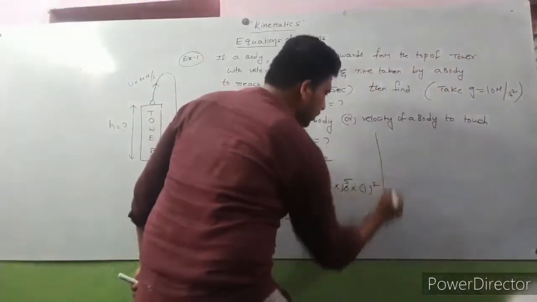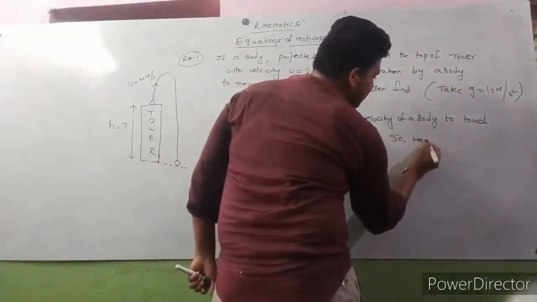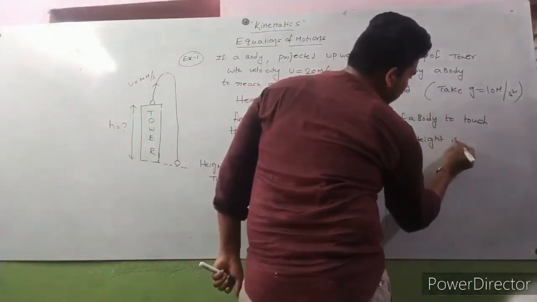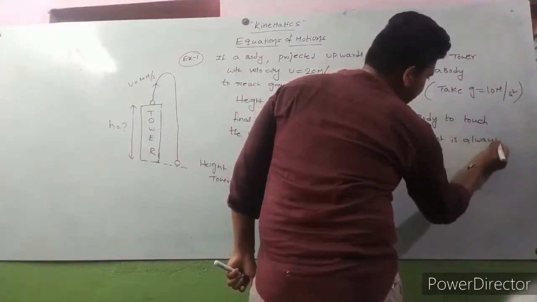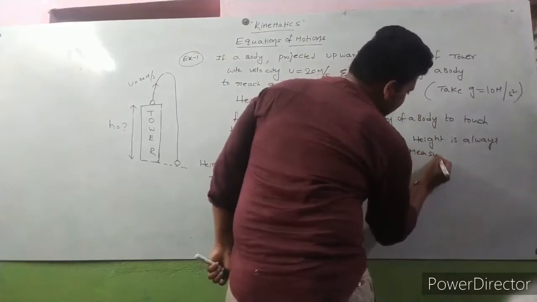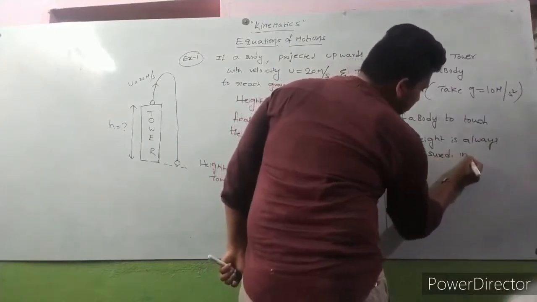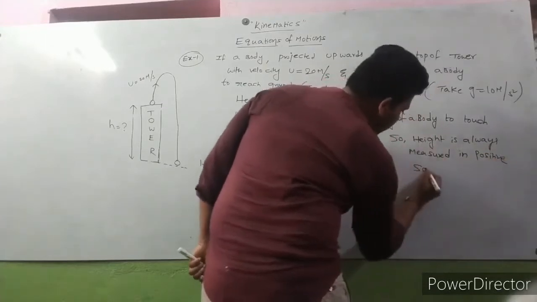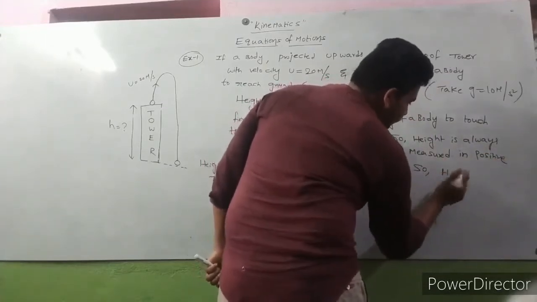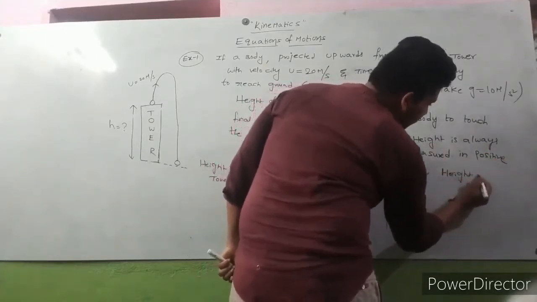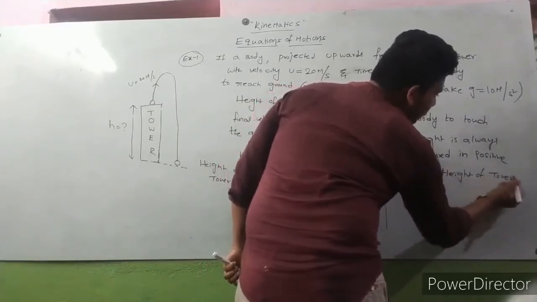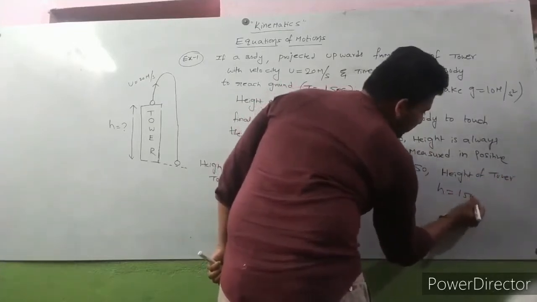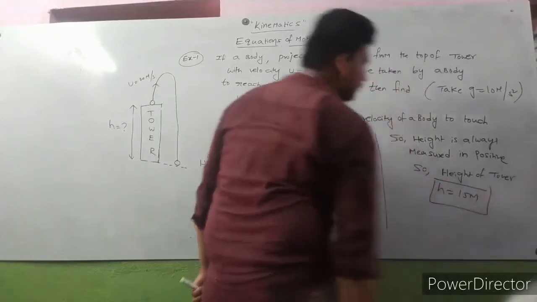So the height of the tower h is equal to 15 meters.